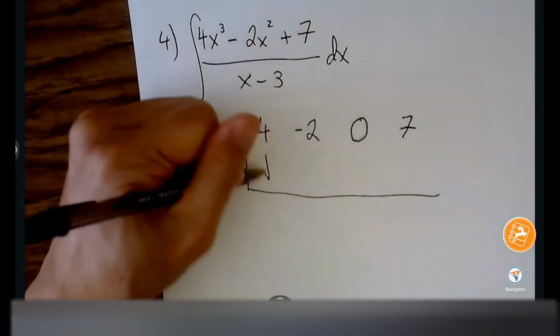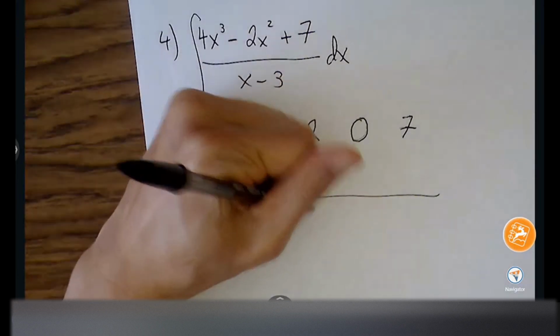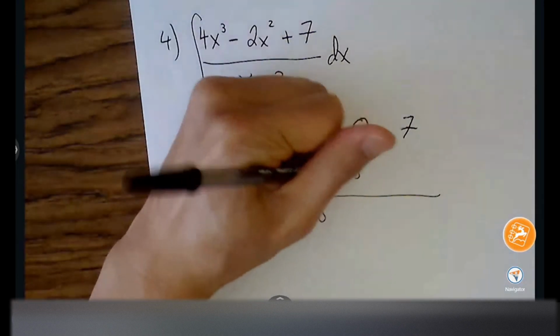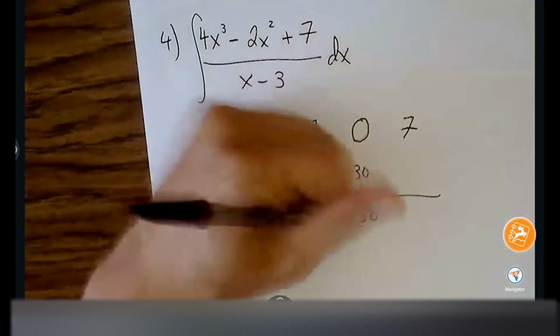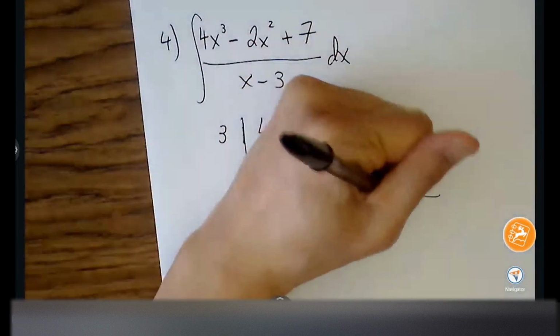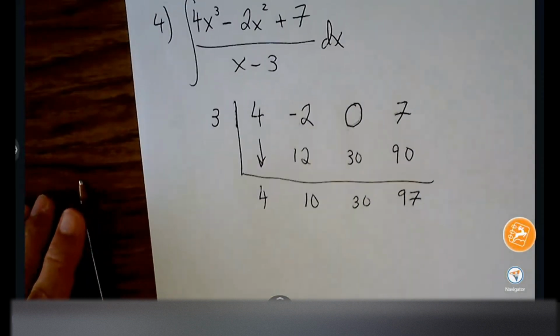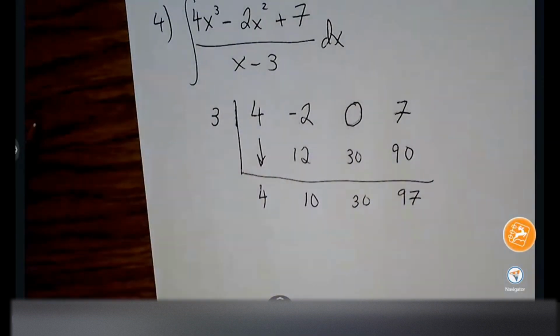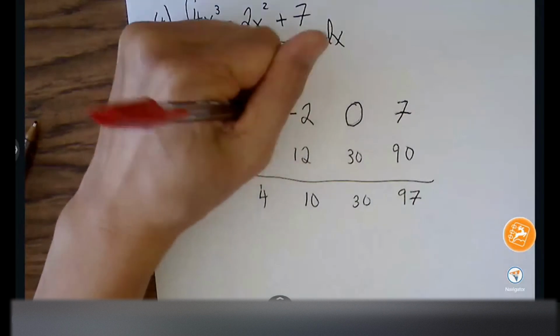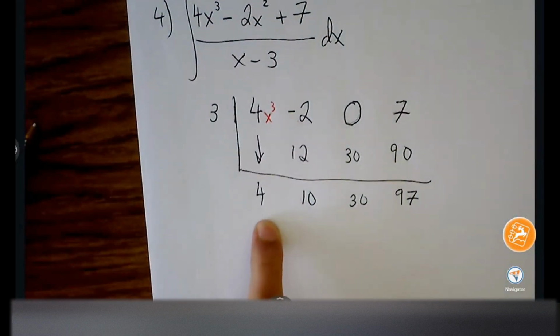Okay, bring down the 4, multiply. Sorry, I didn't mean to be such a large value here. We started with x cubed, so where are we going to start with our new quotient?